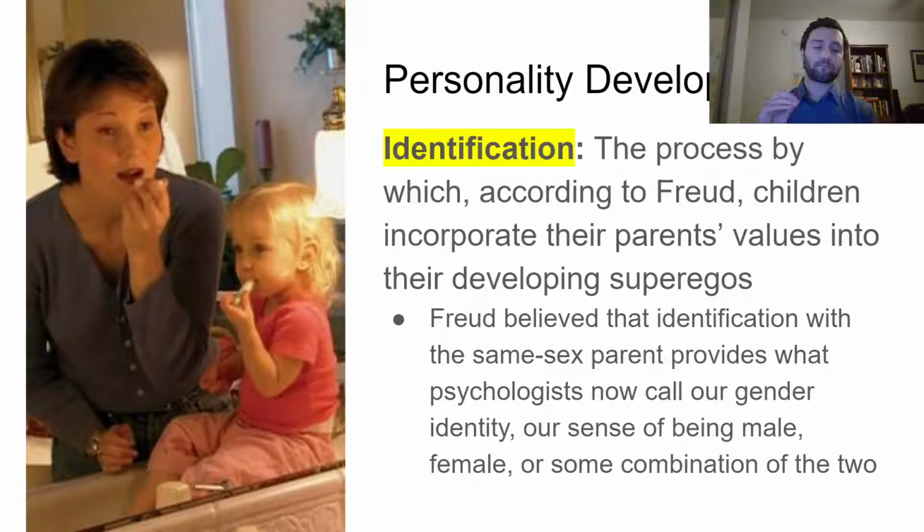So as we age, we start developing the superego. And one of the things that's developing is this identification, where we start to look at our parents and incorporate the different things that they care about, the different things that they do, into our superego. And thus, we become like them.